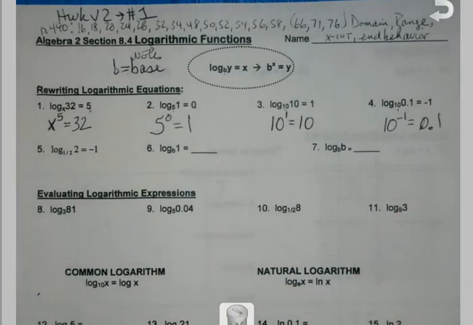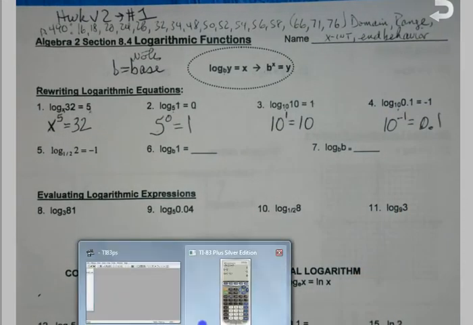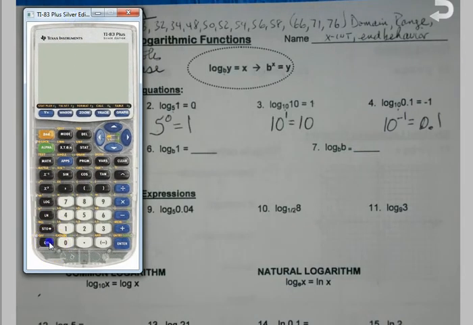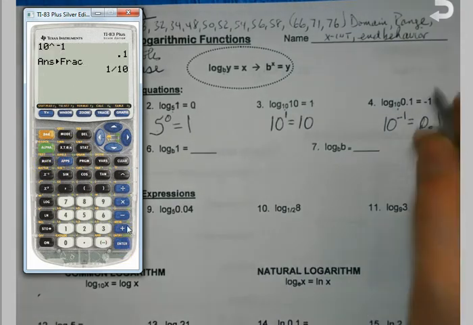Now, you may look at that at first and go, I don't know, is that right? Well, let's see. I'm also going to show you how it may be written as a fraction, and that may make a little more sense here. So 10 to the negative 1. Yeah, that's 0.1. But wait a minute, 0.1. Oh yeah, that's 1/10.